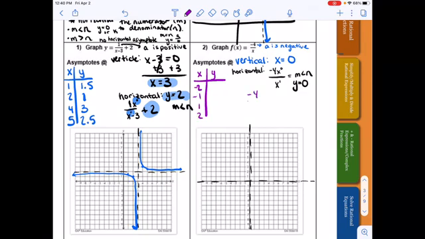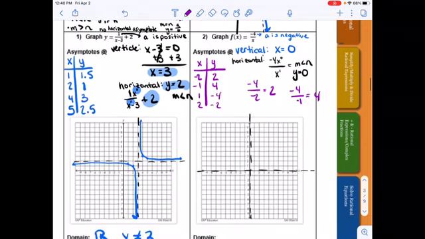And when I plug that in, I get 2, I get 4, I end up getting -4 and -2 as well. So I'll plot those. This one's a little different than our previous problem. I'll notice our numbers are bigger. And there you have it.